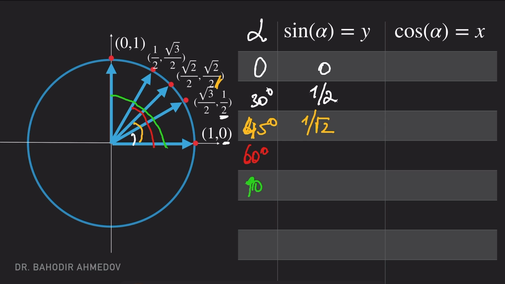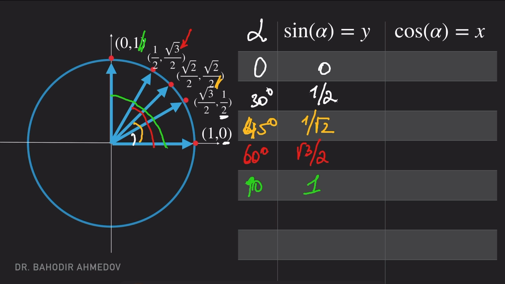At 60 degrees, the y value of this point here is going to be equal to the square root of 3 over 2. At 90 degrees, the y value is going to be equal to 1. So I'm just going to put the 1 here. So you see, if I'm going through the points on the unit circle, its coordinates are essentially telling me the values of the sine and cosine.